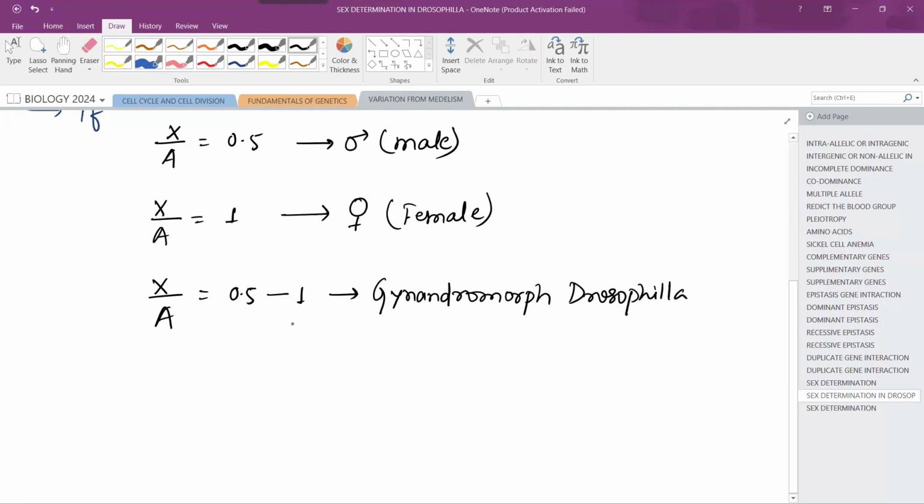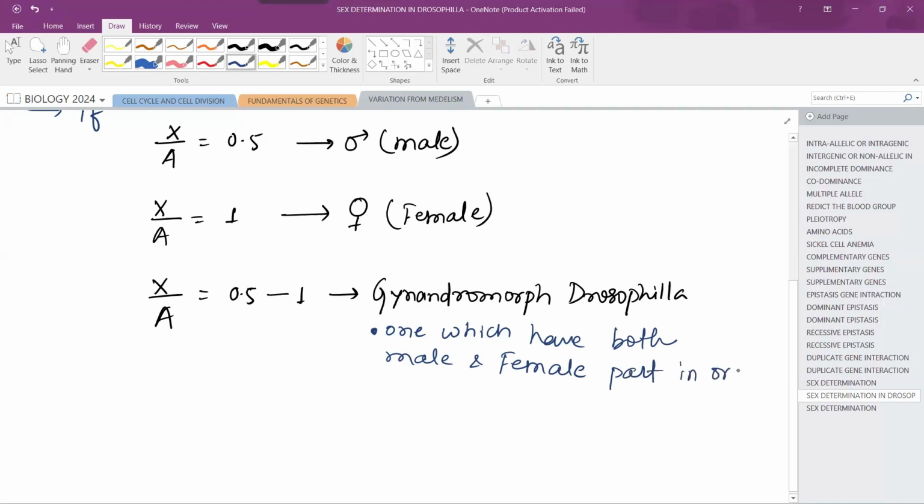That is gynandromorph of different types. Gynandromorph means one which has both male and female portions, female part, in one body.